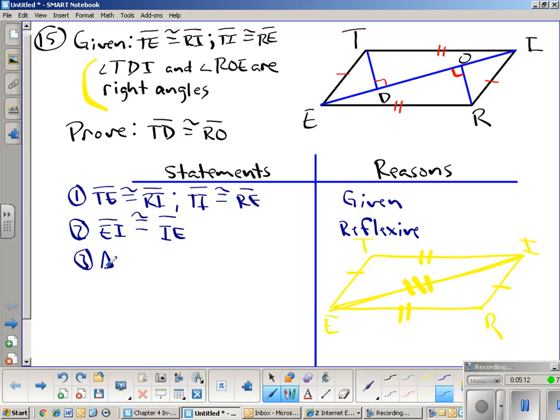What can I say about a triangle? TIE is congruent to triangle REI because of SSS. Okay? I can do that because of SSS. All three sides are the same.